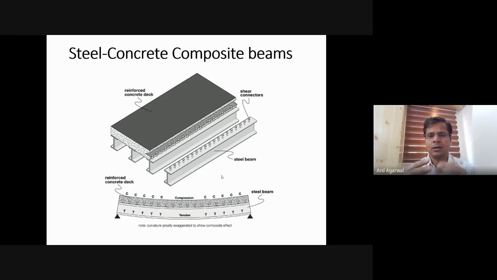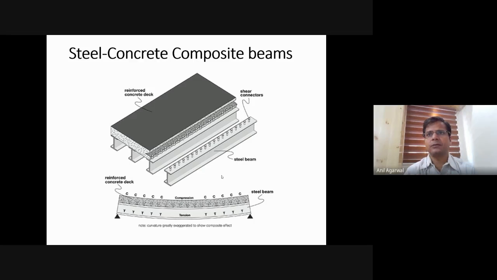That in a way gives you some indication of why composite beams are more efficient designs. Of course, it takes a lot of effort. I have not gone into the detail of how these shear studs are installed and what options are available instead of shear studs. Shear studs are not the only solution; there can be various kinds of shear connectors.